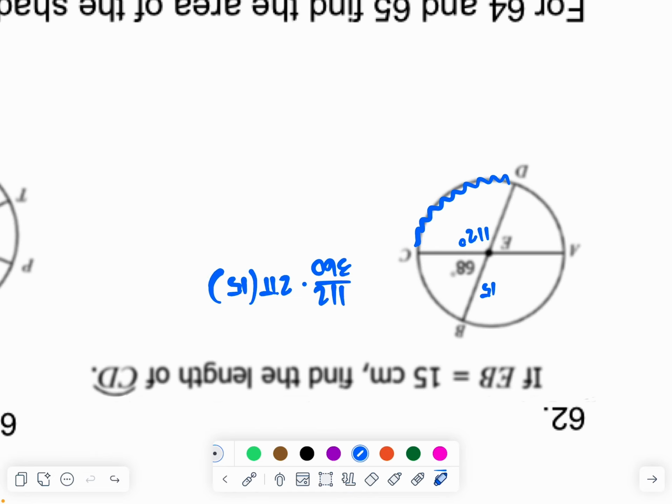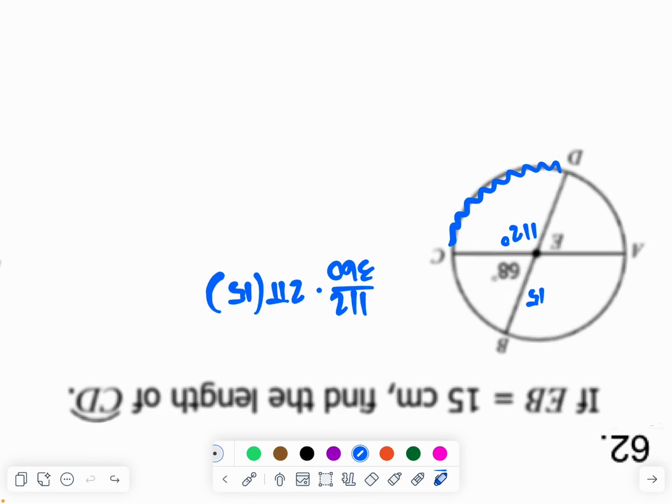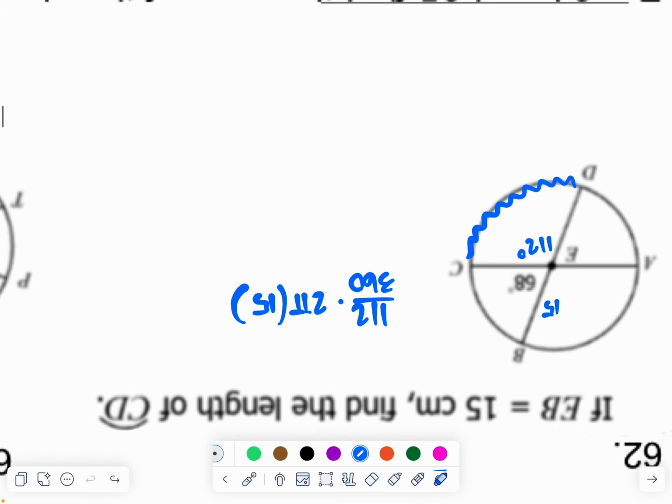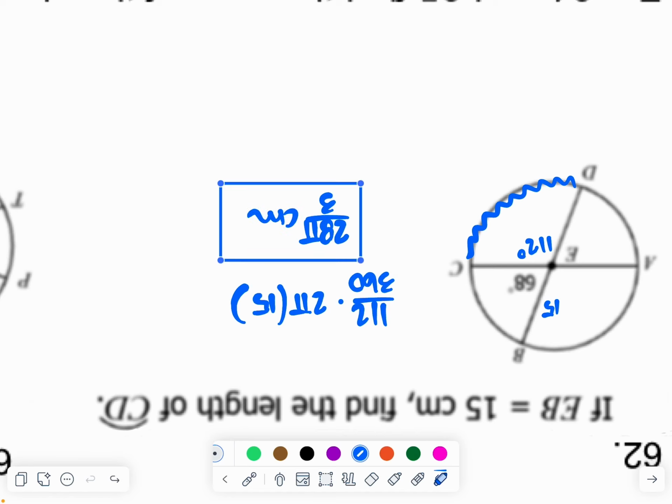So the length of CD is the fraction of the circumference. I want 112/360ths of the 30 pi. Sorry, I can't even reach my calculator. That's going to give us 28 pi over 3. And of course, that's going to be centimeters.